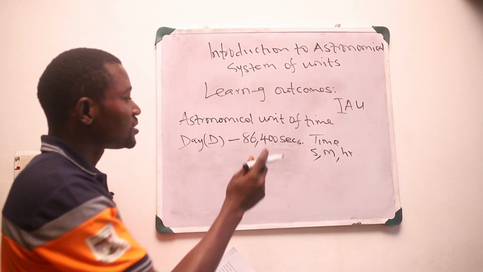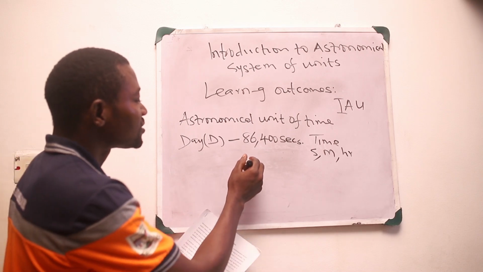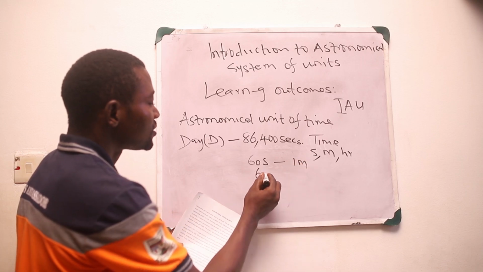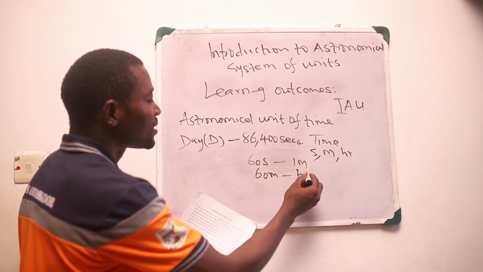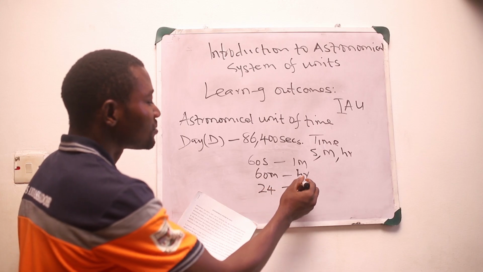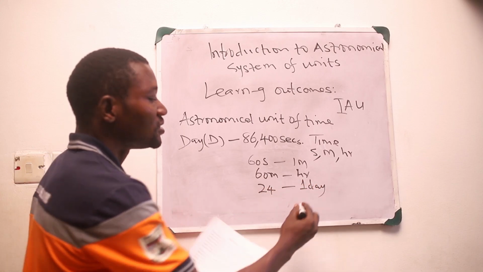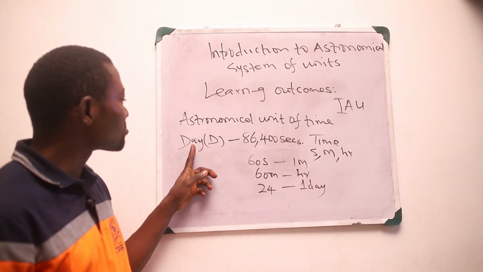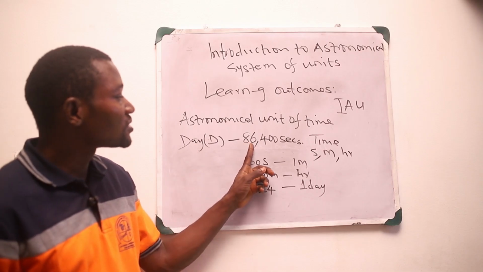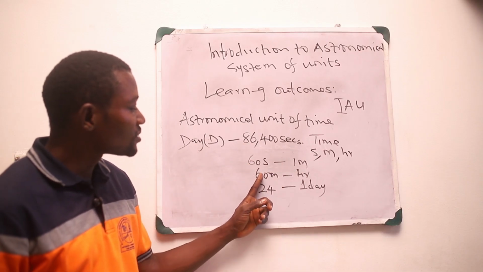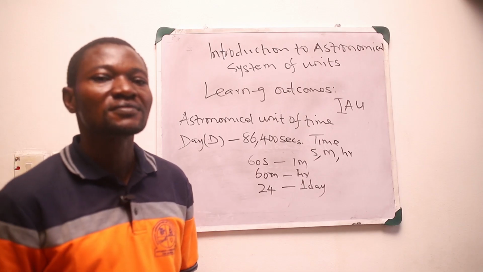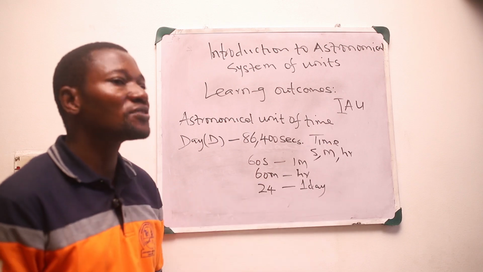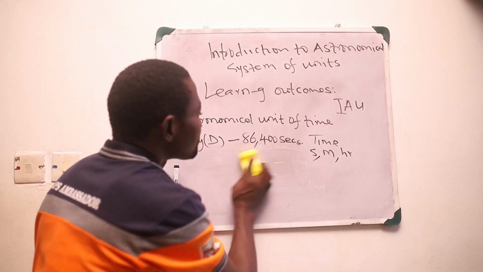And this can be gotten: 60 seconds make 1 minute, 60 minutes make 1 hour, 24 hours make 1 day. So if we are saying that astronomical unit of time is expressed in day, and 1 day is equal to this, so if we multiply this by this by this, we will have this. So this is the first unit that we use in the astronomical unit of time.